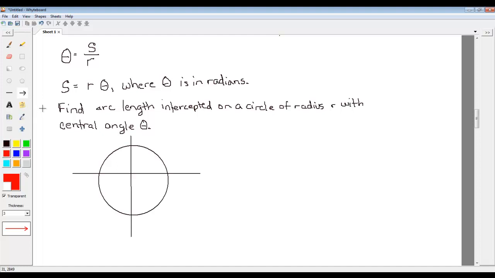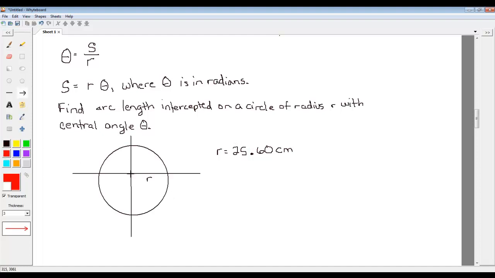And we have a radius of 25.60 centimeters. And then let's say we want to find the length of the arc intercepted by a central angle having a measure of 7 pi over 8 radians.